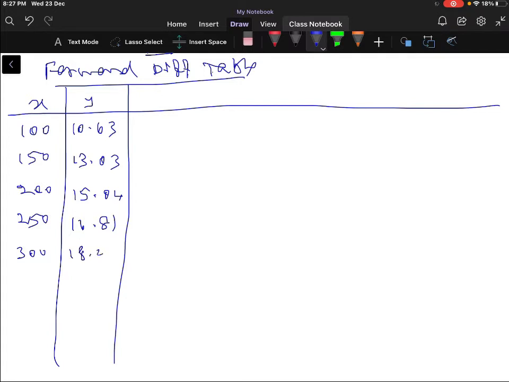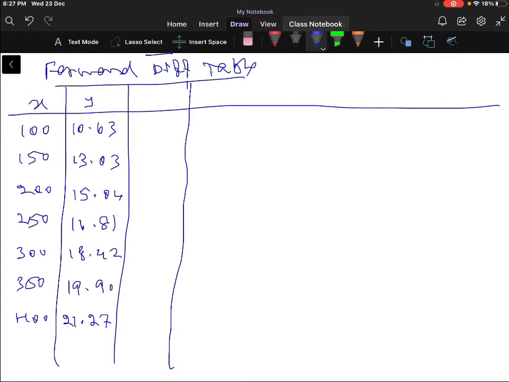For x is 300, we have that y value is 18.42. For 350, we have that y value is 19.90. For 400, that y value is 21.27.